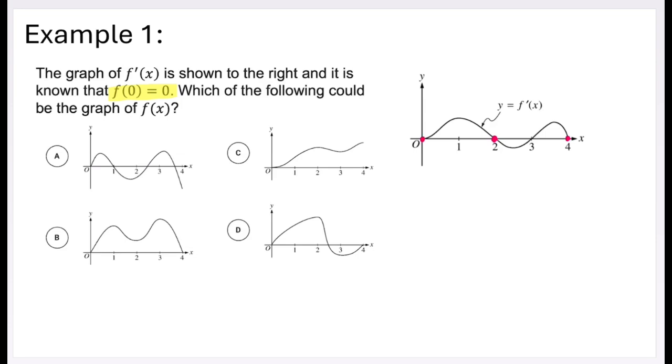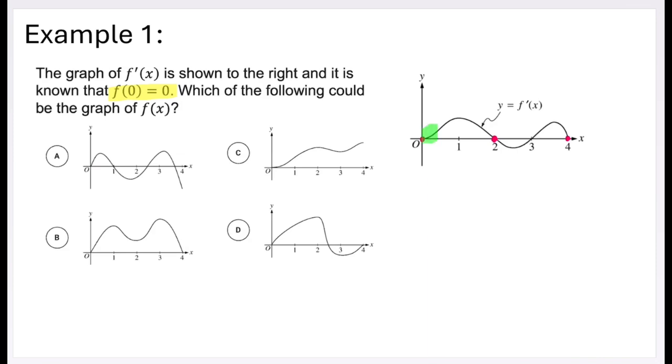Now, when the derivative is 0, the original function is going to have some sort of horizontal tangent line at that particular point. That's leaning me more towards one particular answer, but I want to hold off on that and talk about the positives and negatives.